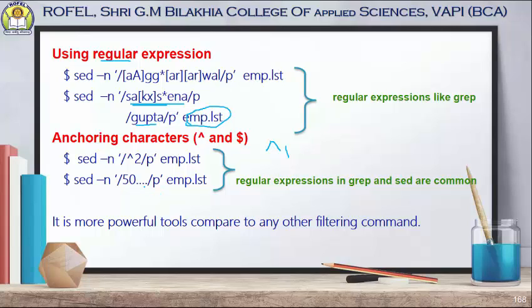Write that over here. For example, I can write this caret sign. So caret 2, that means ये मेरी pattern है. So from the emp.lst file it will find the pattern like 2 से start होती line को display करो. Fine.